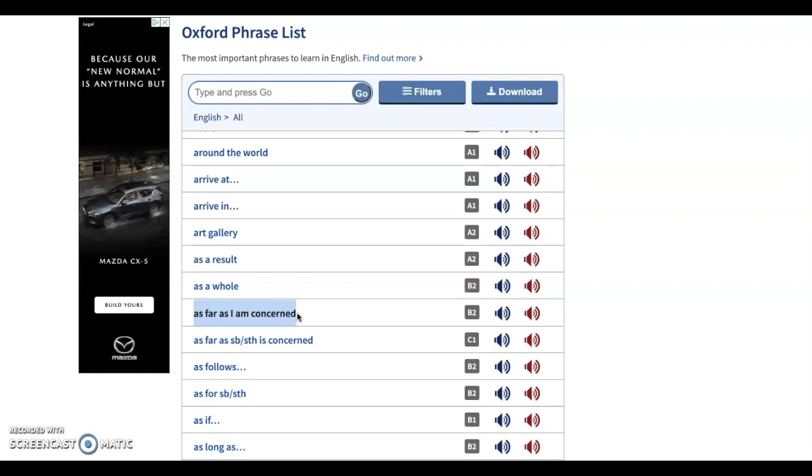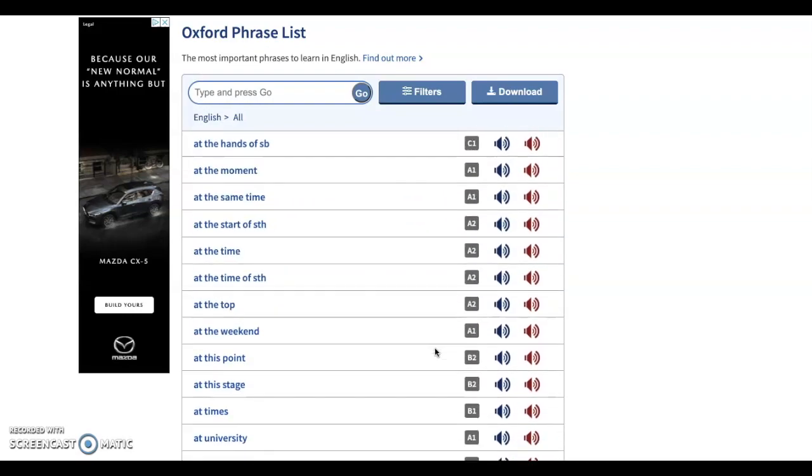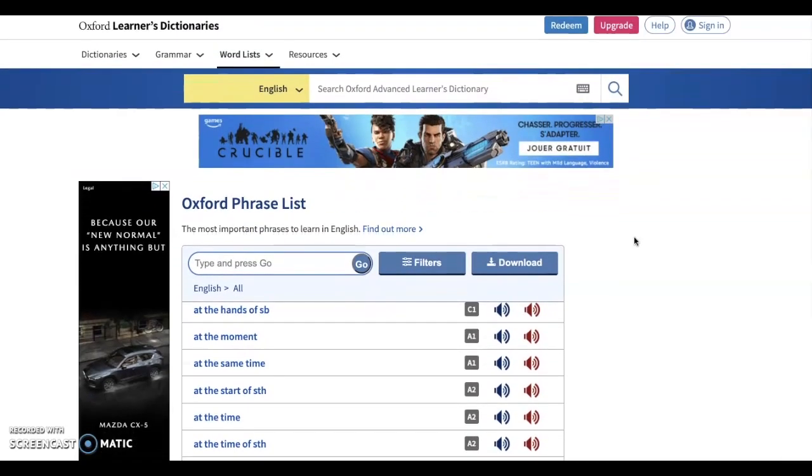So if you say something like, as far as I'm concerned, this is something that a B2 level learner would say. But if you say, as far as something or someone is concerned, that's a C1 or an upper intermediate level expression. So take a look at these expressions, see which ones you use and what levels these phrases come from.